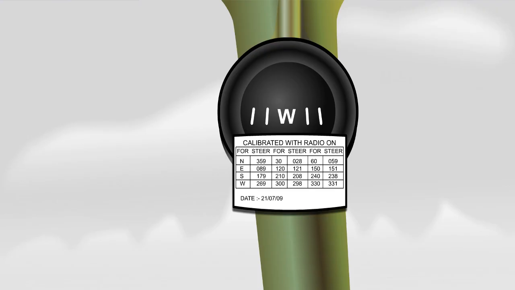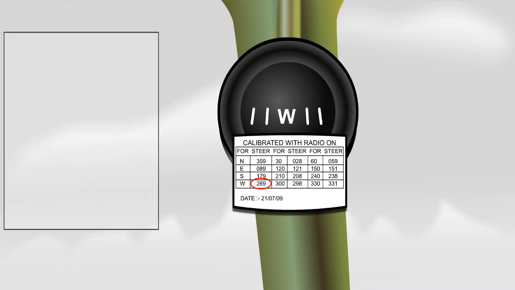We can see a typical example here, and we can see that the compass is indicating 270 degrees or west. The compass heading is the magnetic heading plus or minus the deviation on that particular heading. So the deviation card is telling us that to fly an accurate heading of 270 degrees magnetic or west, we should steer a compass heading of 269 degrees.